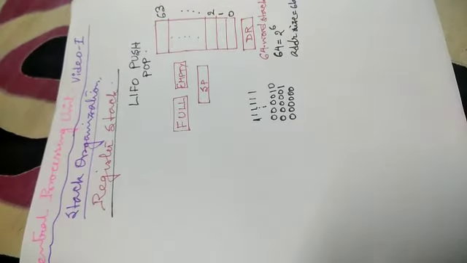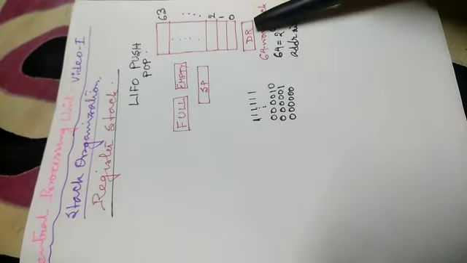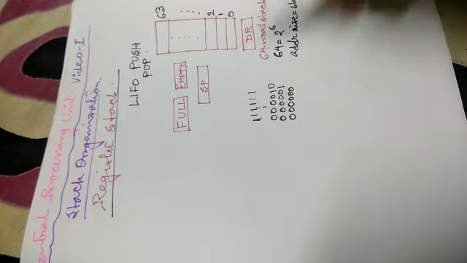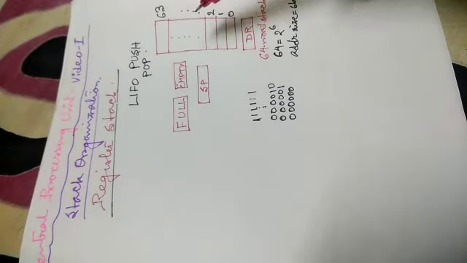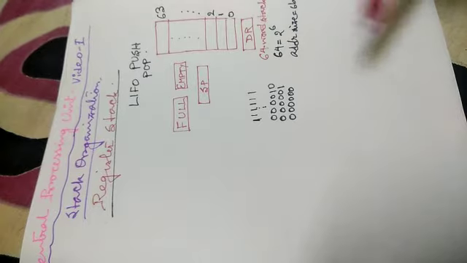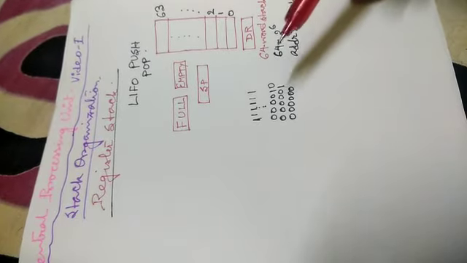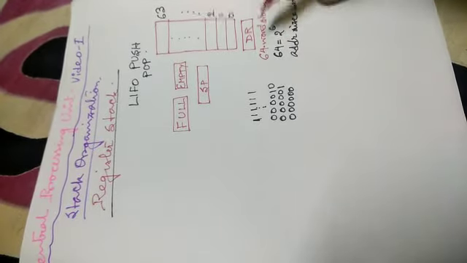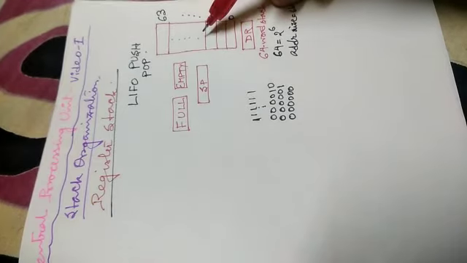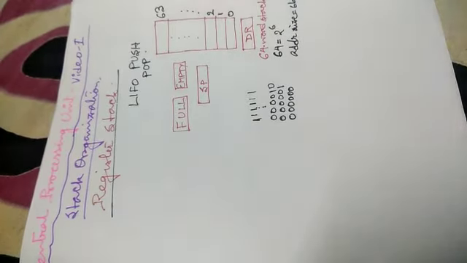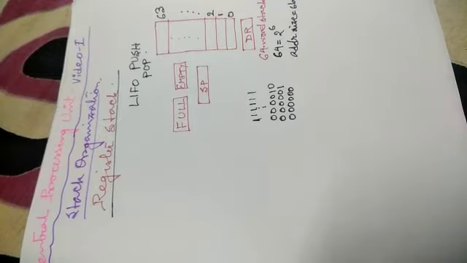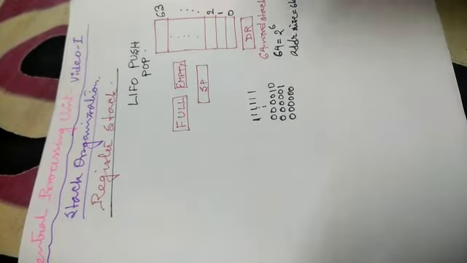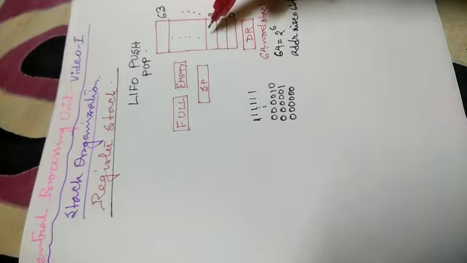Okay. Now what is the function of data register? See, you know that in case of stack, whenever we want to push a new data item into it, we have to push it onto the top of the stack. Okay, and whenever we want to pop something, that is whenever we want to delete a data item, that is also from the top of the stack.